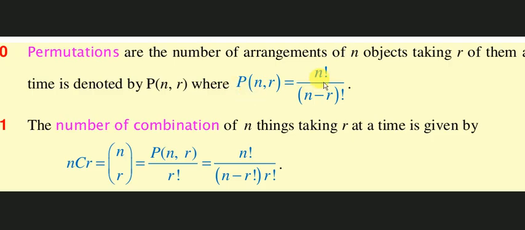The formula is this: permutation of n objects taken r at a time is n factorial over n minus r factorial.